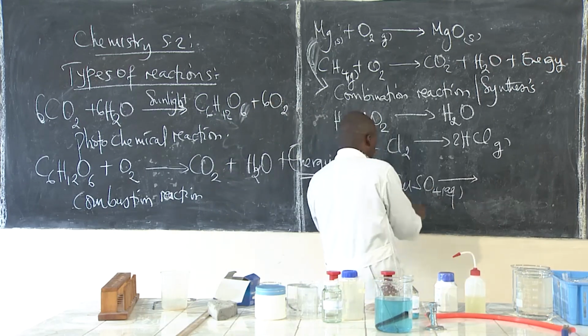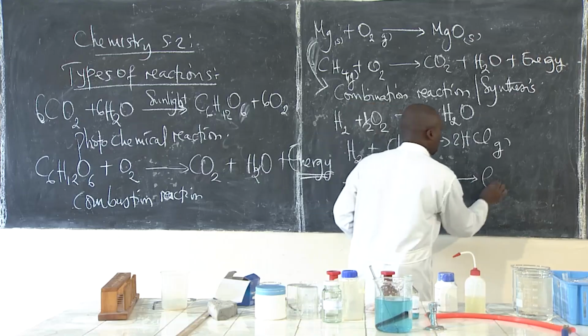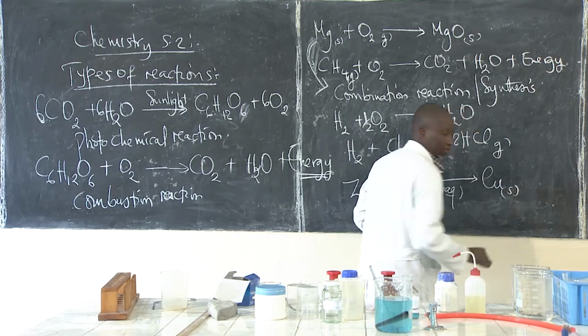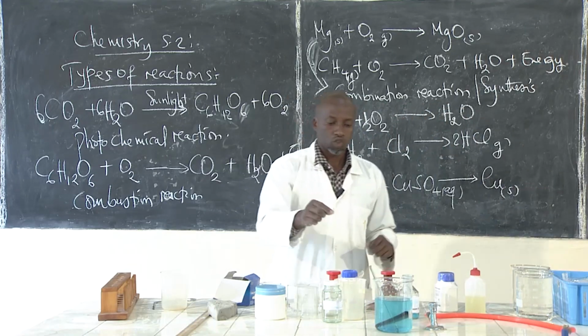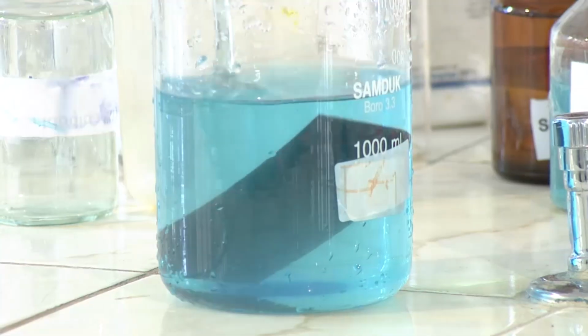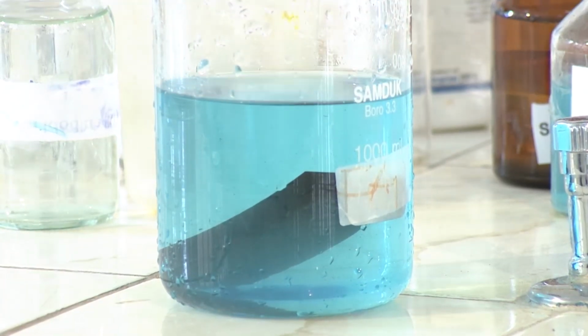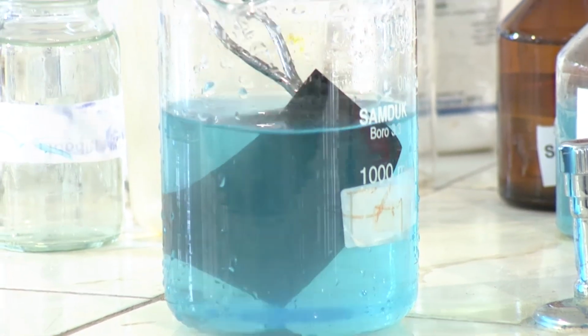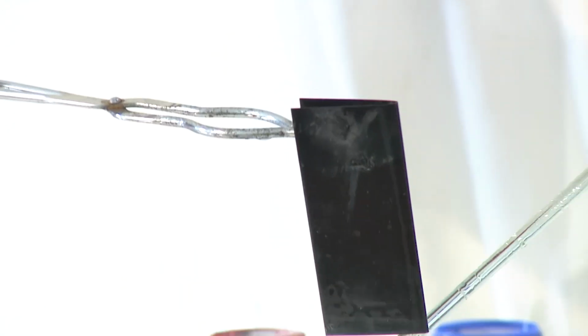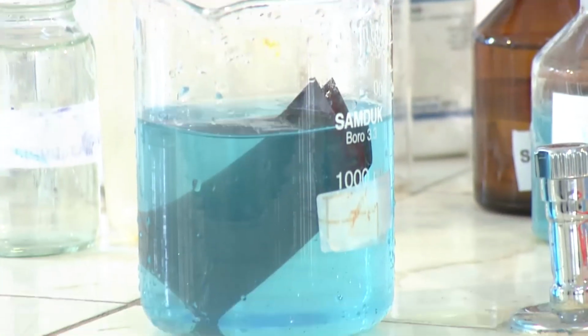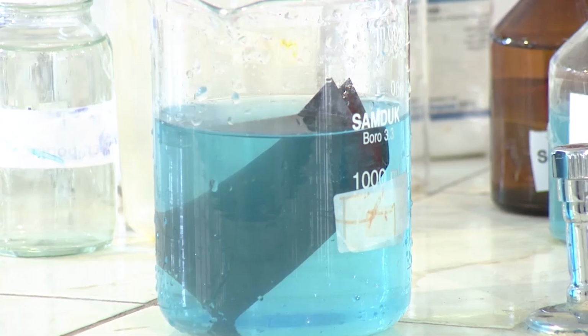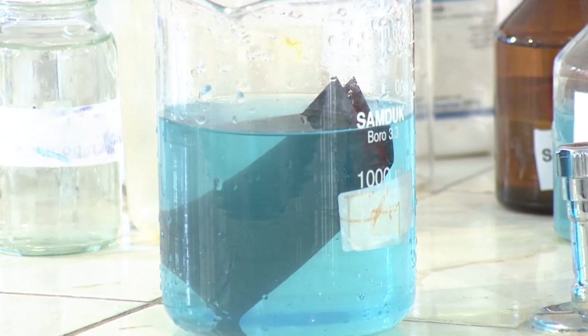And therefore, when it displaces, the copper is deposited as a solid. So we'll have the solid forming on the zinc strip. It is changing. We have to keep it there for some time as we watch the reaction going on.